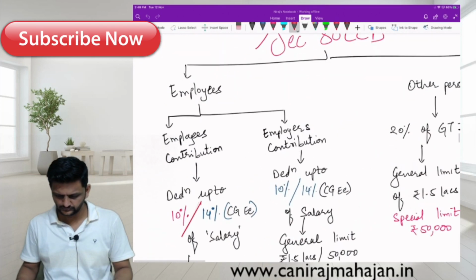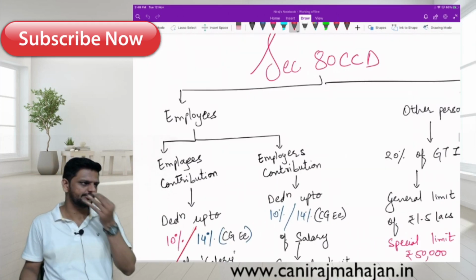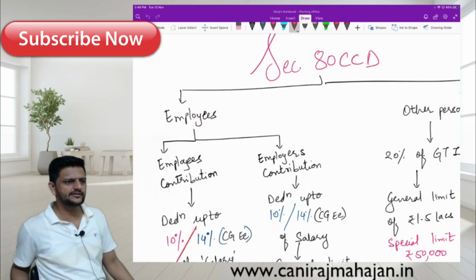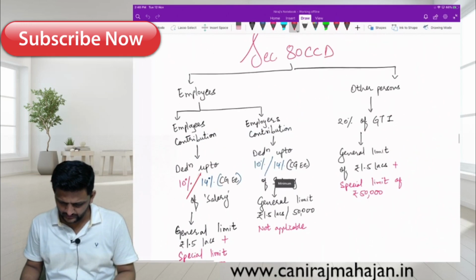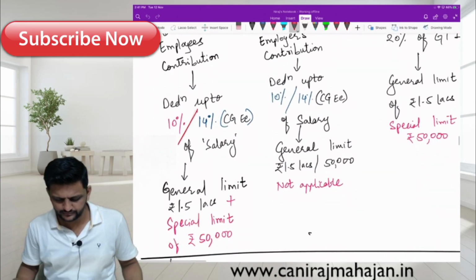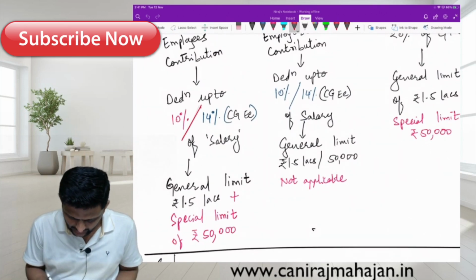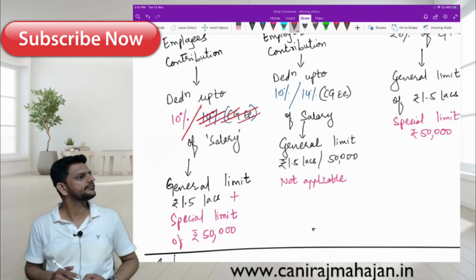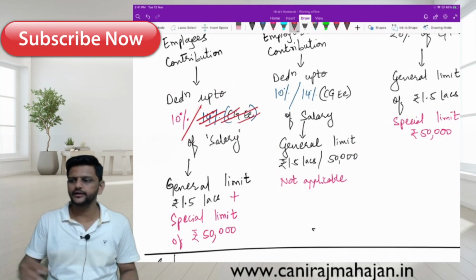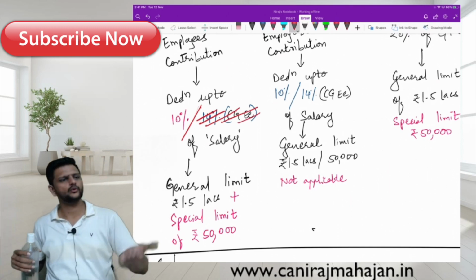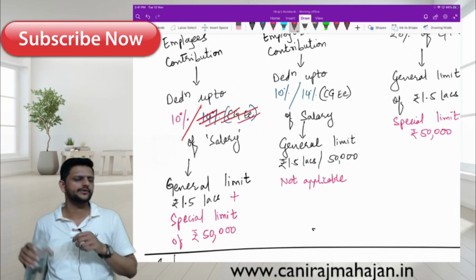We should have this. It is in the very beginning, the first days earlier we have taken. So you will keep 14% only for the employer's contribution. You will remove that figure. It is correct only for the employer's contribution that you are getting 14% for central government.